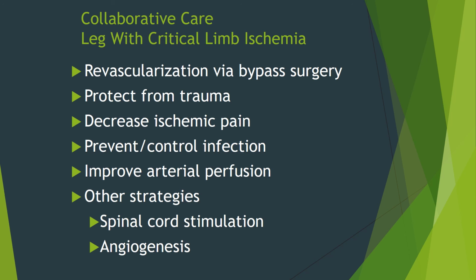Angiogenesis is the growing of new blood vessels, and they're doing a lot of research with gene therapy and other things to stimulate new blood vessel growth. And some of that is showing a lot of promise.